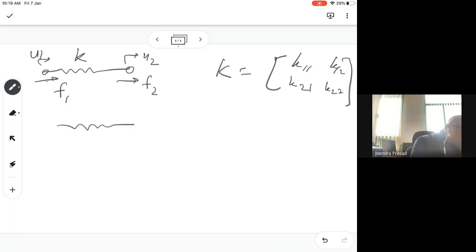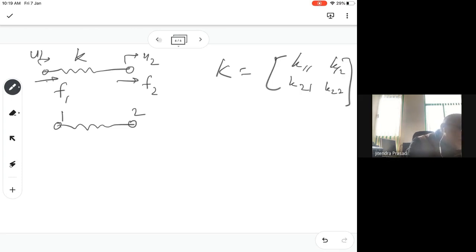K11 is the force required at degree of freedom 1 to induce a unit displacement at node 1. The nodes or degrees of freedom are 1 and 2. It has a single degree of freedom per node, so either we call it a node or a degree of freedom, both are the same, and those degrees of freedom are U1 and U2.